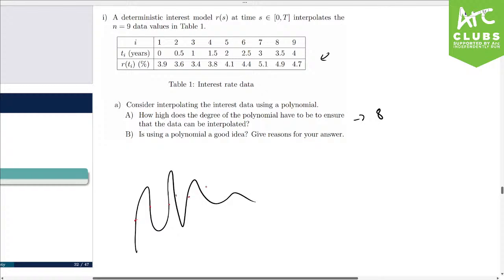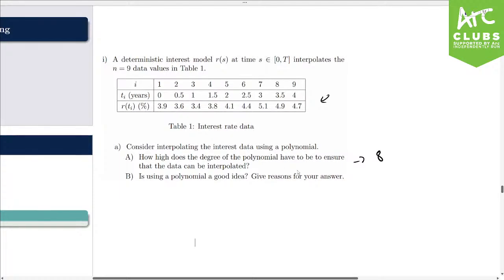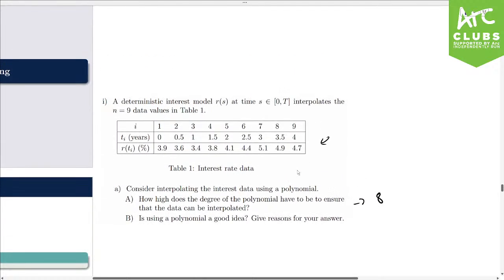So it's not very useful for estimating values between data points.